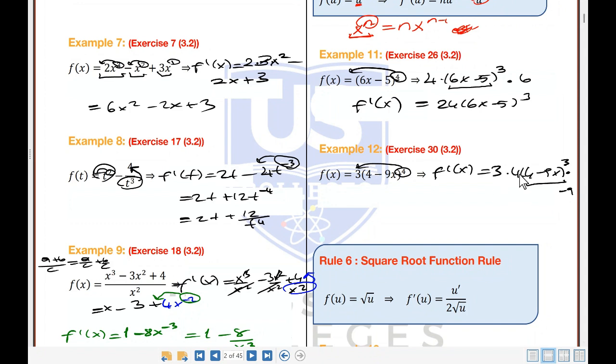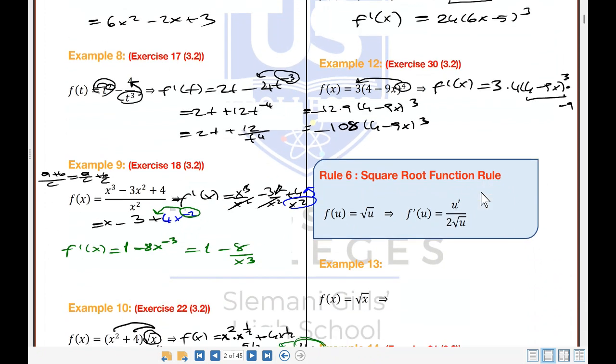Let's simplify. 3 times 4 is 12. 12 times negative 9 is negative 108. So negative 108 in a bracket, 4 minus 9x cubed is the answer.